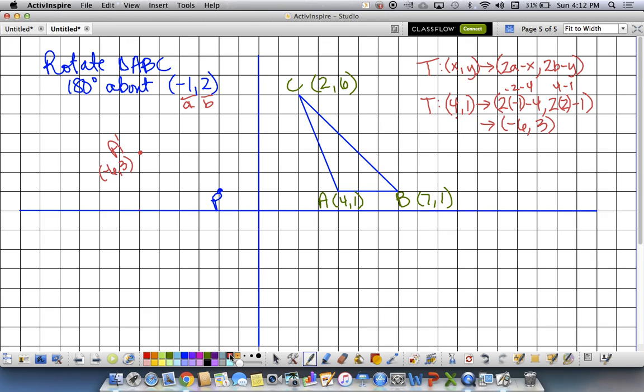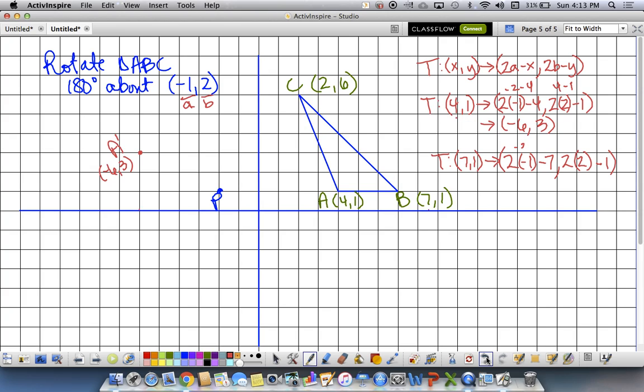What about B? Can we transform B, which is 7, 1, to be 2 times A, which is negative 1, minus your x, which is the 7, comma, sorry, 2 times B, B was my 2 up there, minus y, which is 1.